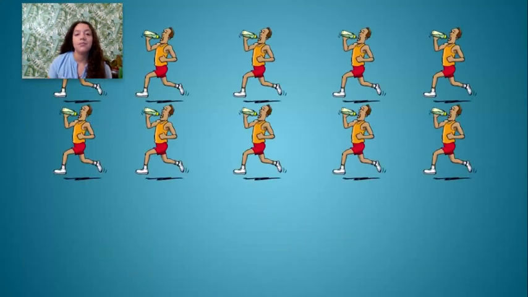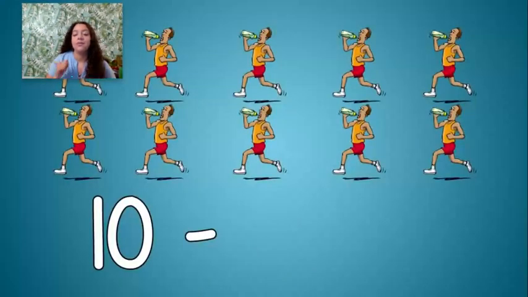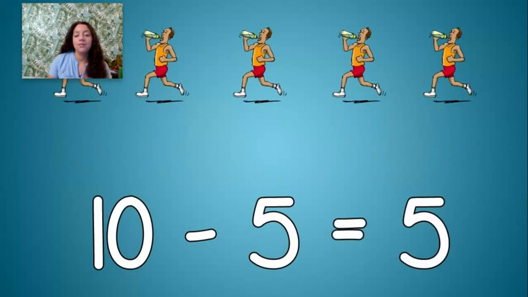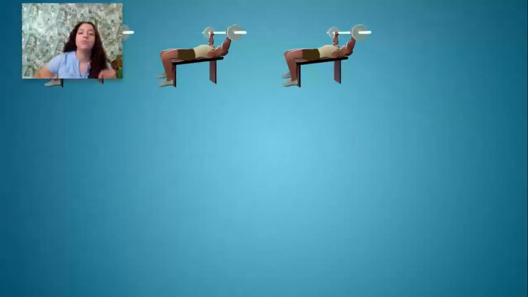10 fast runners are running in a race. 5 fast runners finish at record pace. How many fast runners are still running in the race? 10 minus 5 equals 5. 8 bodybuilders are pumping up some weights. 5 bodybuilders stop and take a break.